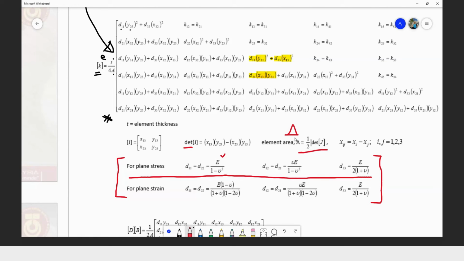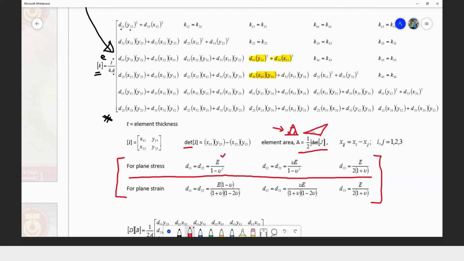So in this case, it doesn't matter what our CST elements look like. Maybe our CST element has a perfect angle between the edges, which is the best triangle to have. But in some cases, when we have a complex geometry, our mesh, our element may be skewed too much.